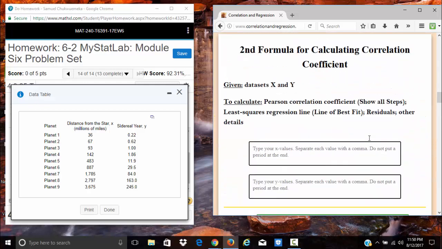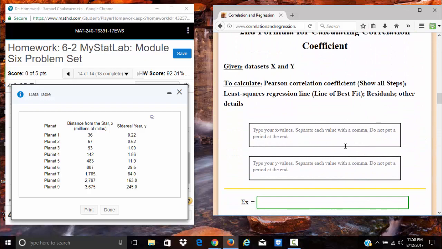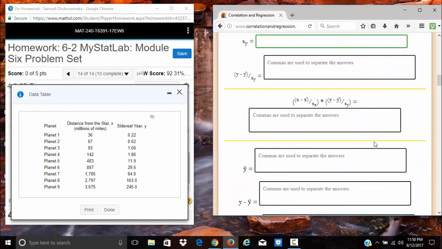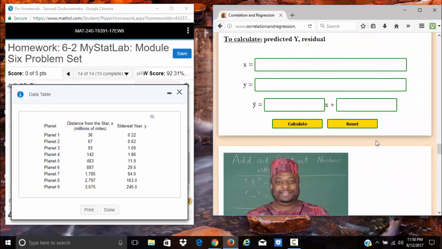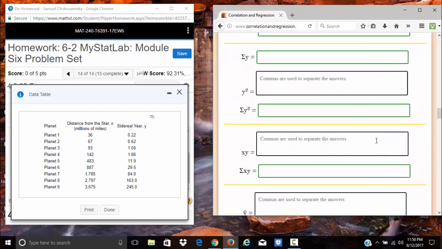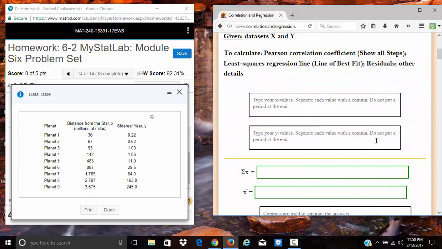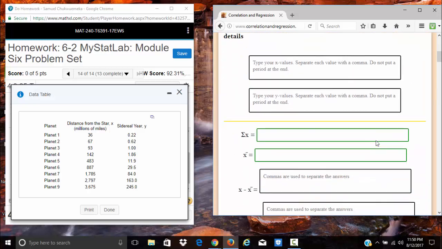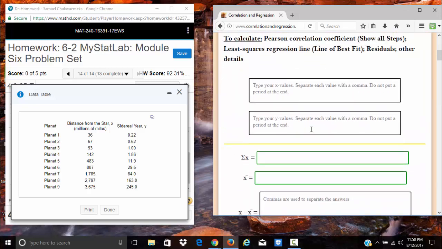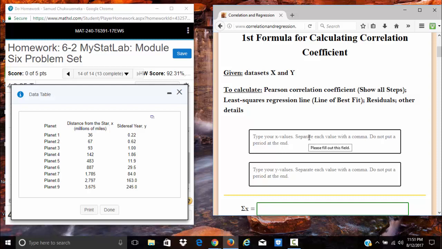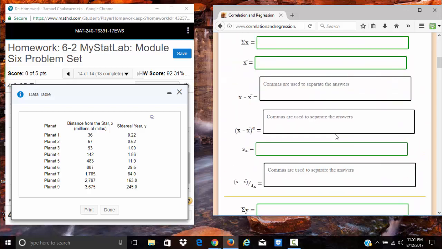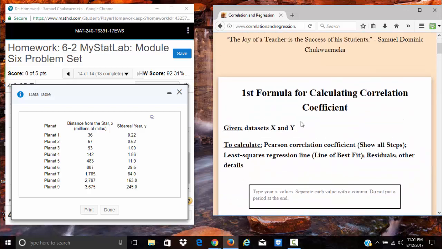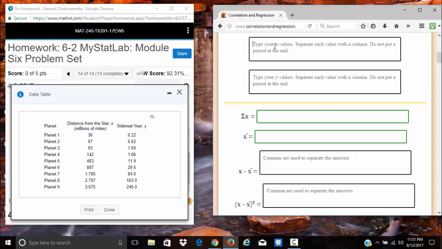Refresh will remove the previous answers, and reset will remove the questions. Refresh and reset. Okay, we can use first or second formula, it doesn't matter. I don't even know which formula we used last. Okay, let's use the first formula here.